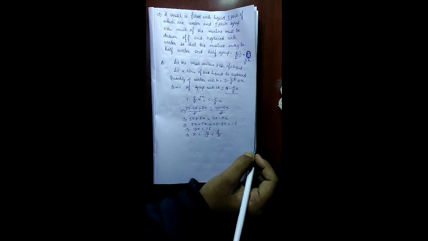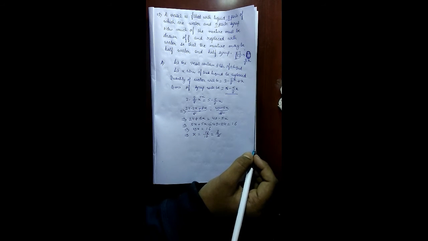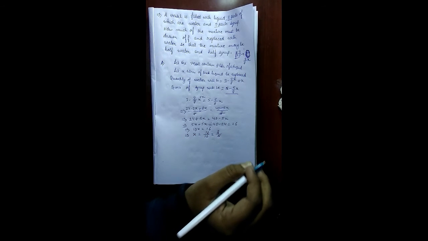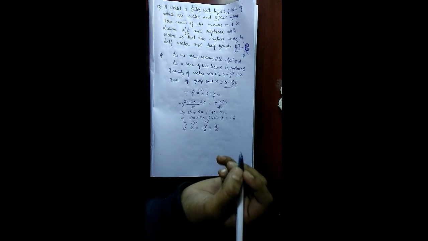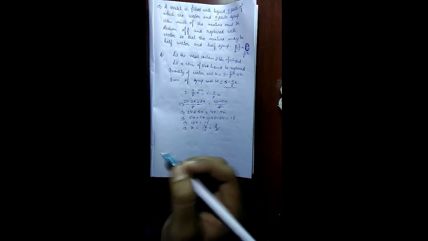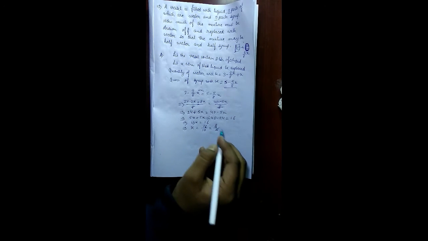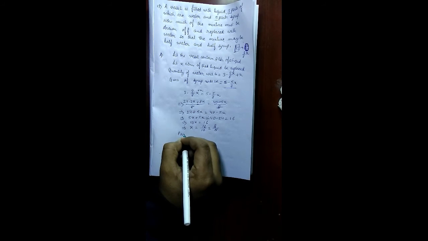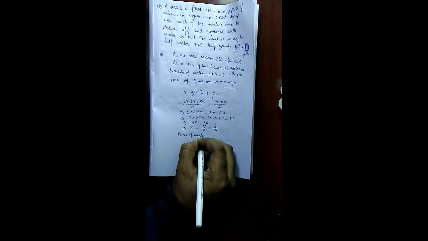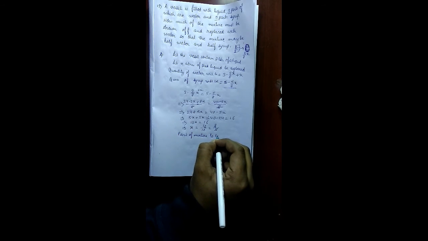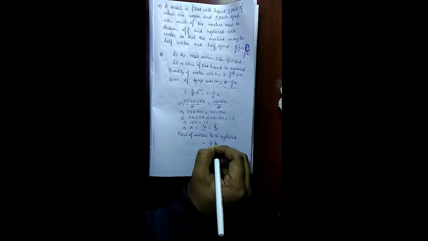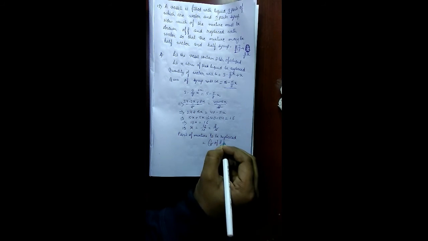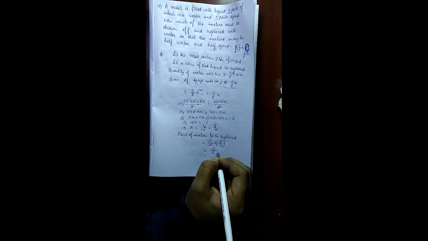Okay, so now the part of the mixture to be replaced: how much part of the total mixture is the amount we have taken out? x is 8 by 5 out of 8, so it will give 1/5.